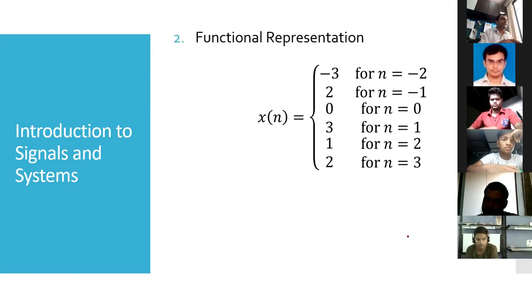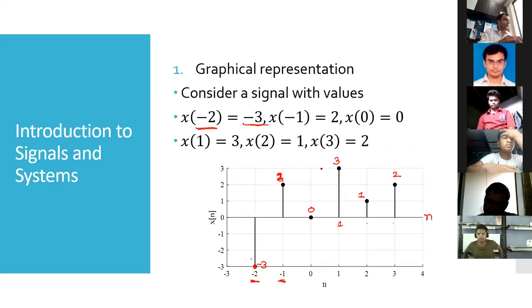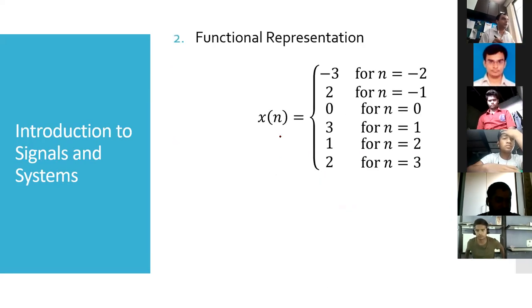In a functional representation in discrete time, of course, there is no definite mathematical function for the signal which I had drawn here. So in a functional representation, we write x of n is equal to -3 for n is equal to -2, 2 for n is equal to -1, 0 for n is equal to 0, 3 for n is equal to 1, 1 for n is equal to 2, and 2 for n is equal to 3.